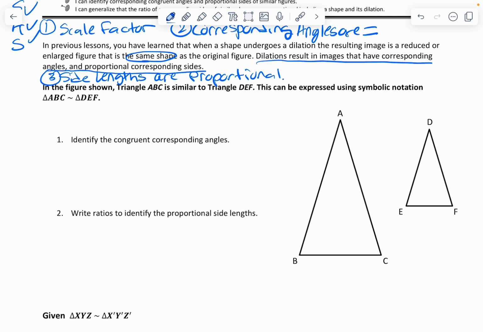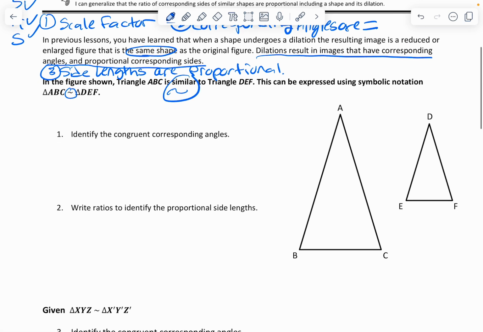You guys actually talked about this last year a lot. The very first thing it says is triangle ABC is similar to triangle DEF. This can be expressed using this symbolic notation: ABC is similar to, so same shape as, just not size, DEF.